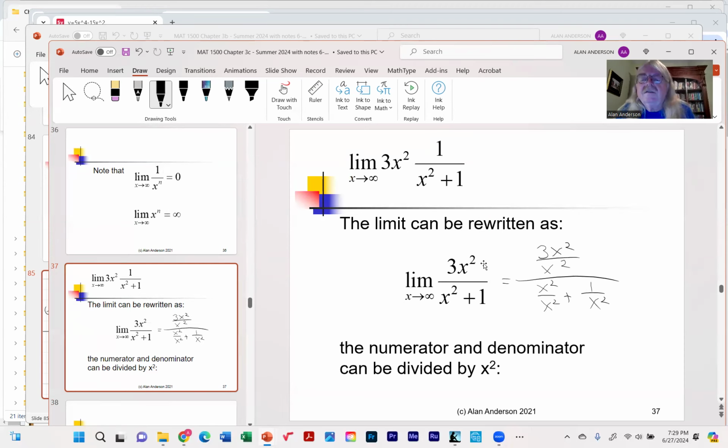So we basically divided the numerator and the denominator by x squared. In the denominator, I wrote it like this so you can see that this reduces to, I have to fix this.